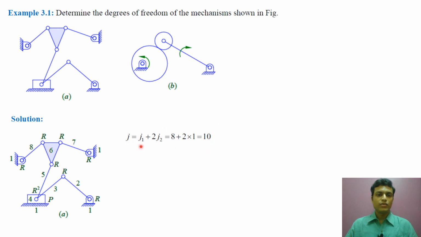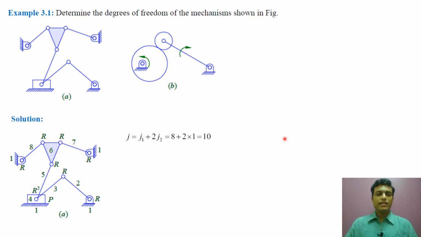That is j equal to j1 plus 2j2. j1 is 8: we have already determined 7 revolute pairs and a prismatic pair. So 8 simple pairs and 1 second order pair. So 8 plus 2 into 1 is equal to 10.